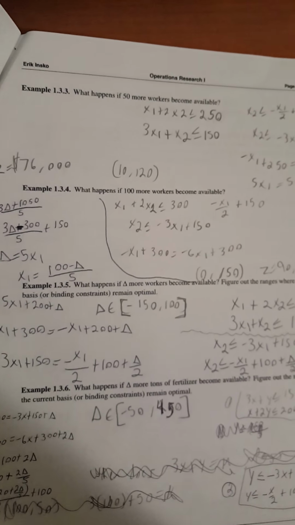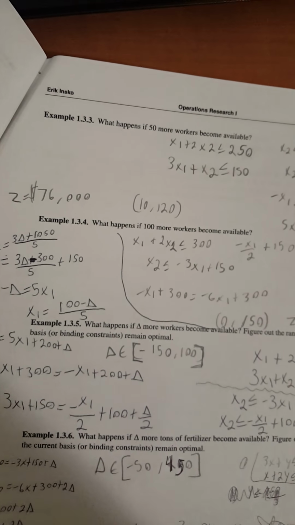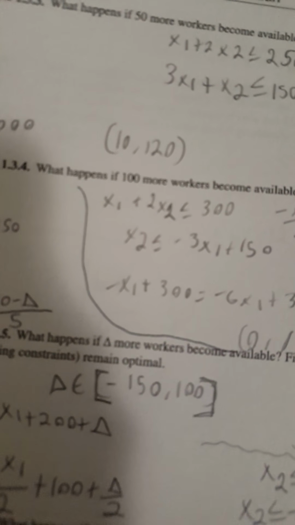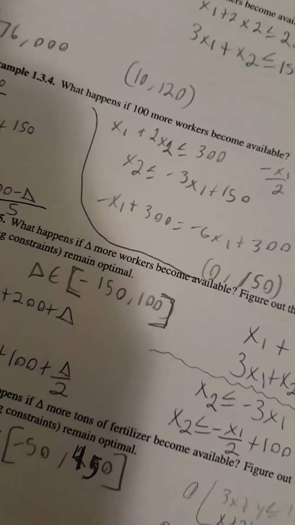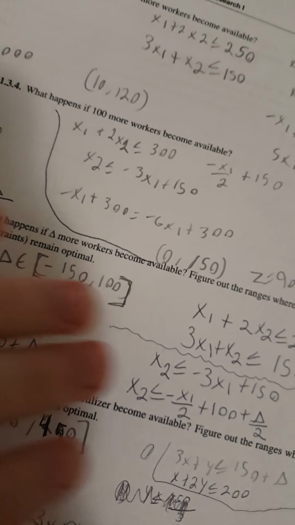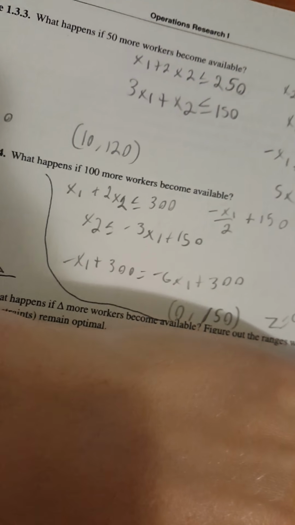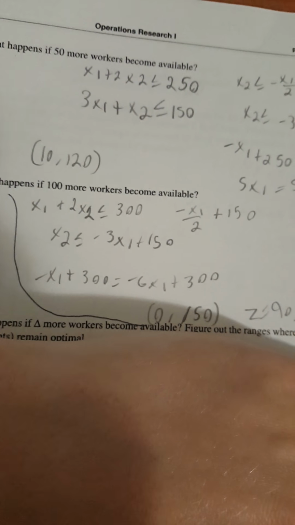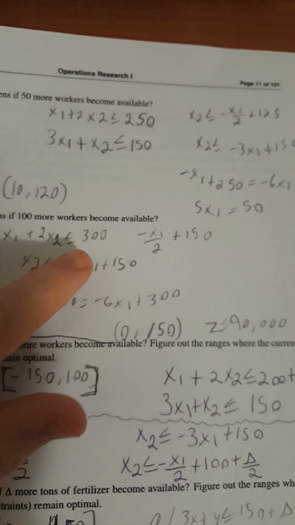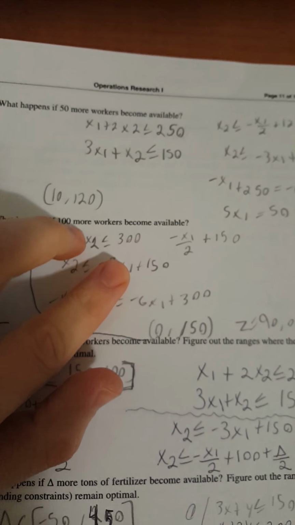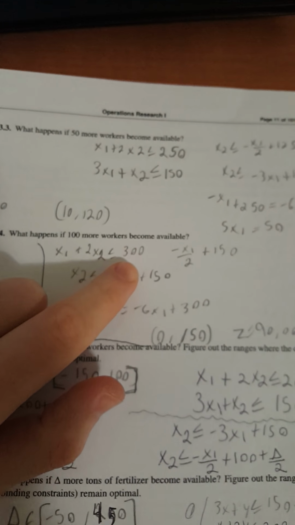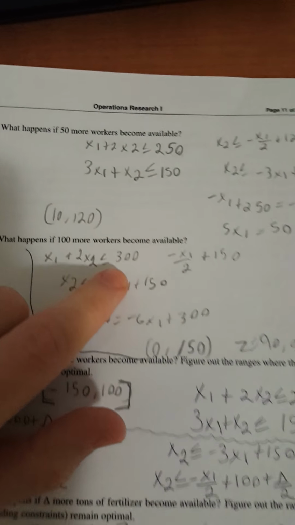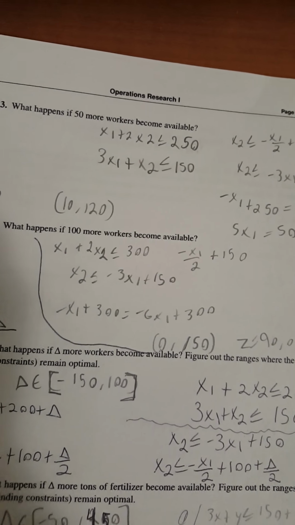Now what happens if 100 more workers become available? Pardon my hieroglyphics, but right there, x1 plus 2x2 less than or equal to 300. Notice that used to be 200, but we said 100 more, so that went from 200 to 300. Math is so hard.